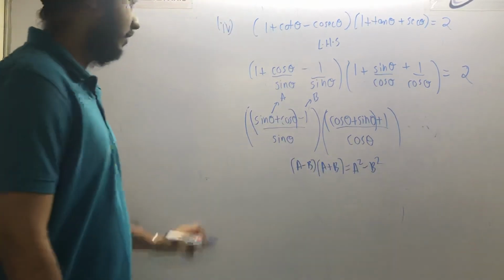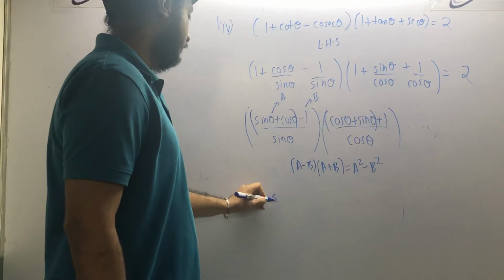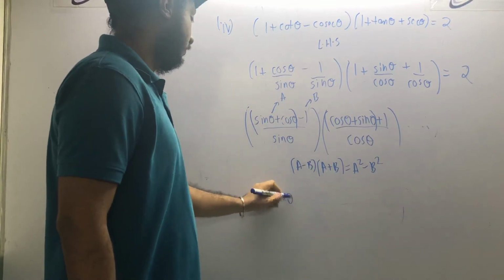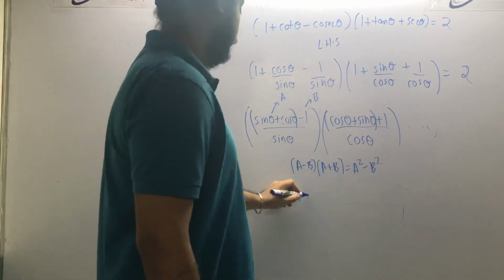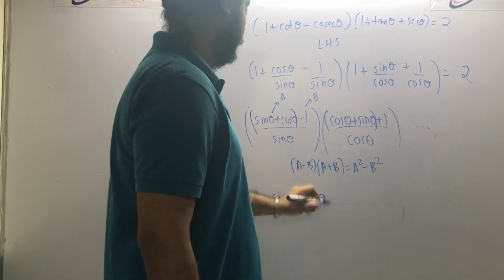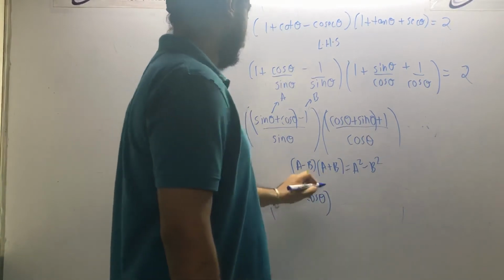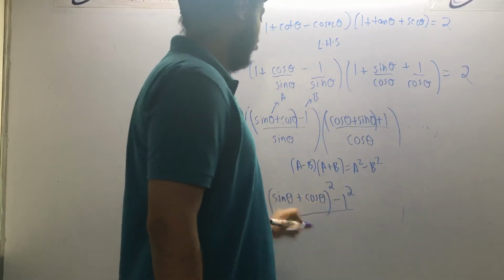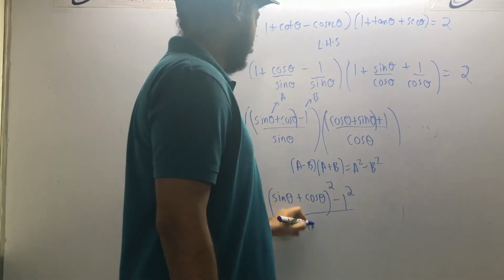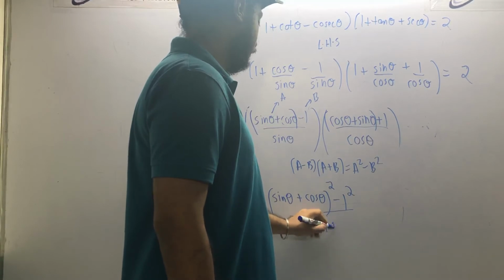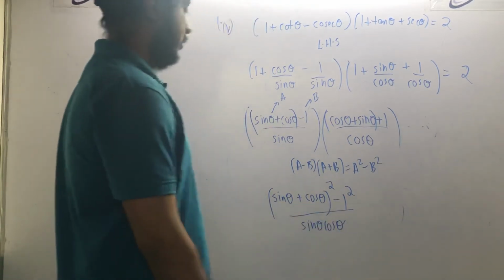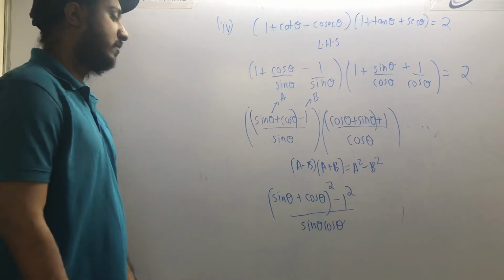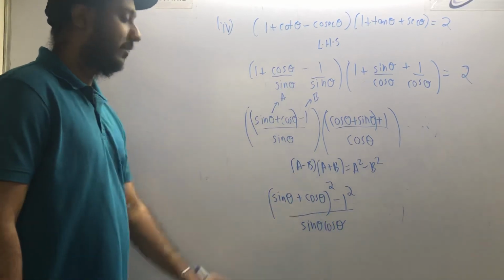So this is exactly what I am going to do. Okay, sin theta plus cos theta whole square minus 1 square upon sin theta cos theta.